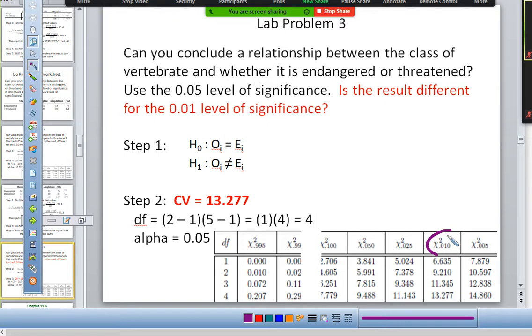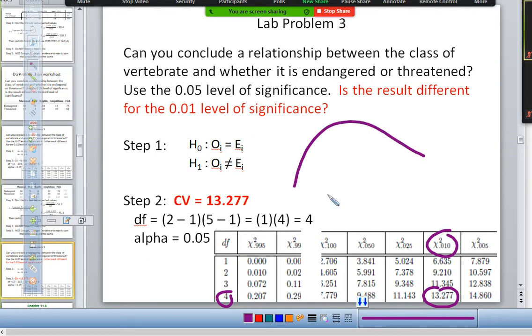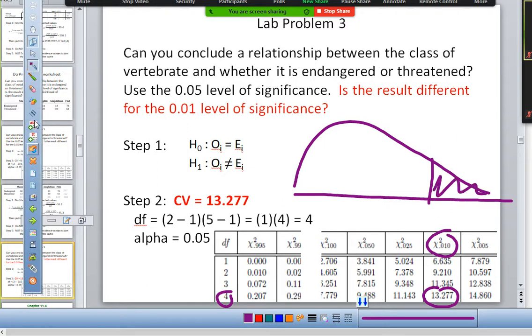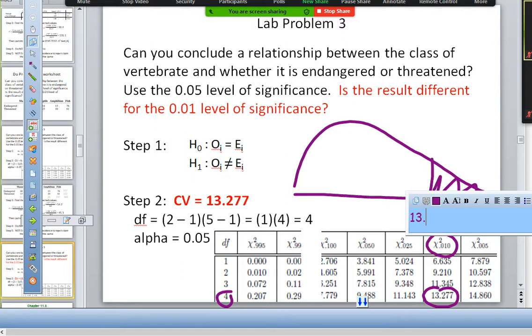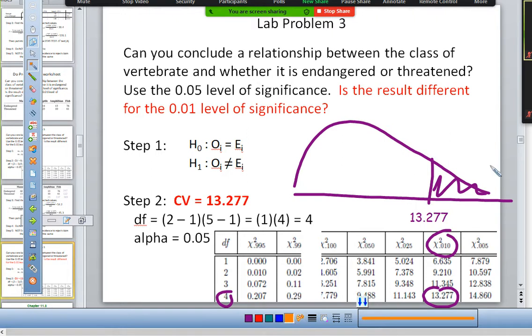Again, it's going to be degrees of freedom 4, so 13.277. I'm going to shade this way. So it won't make any difference at all, because here is our 13.277, and our value was way out here, 45 something.